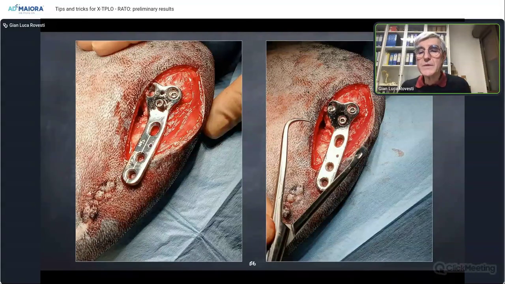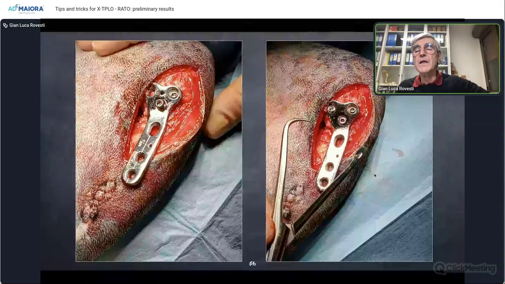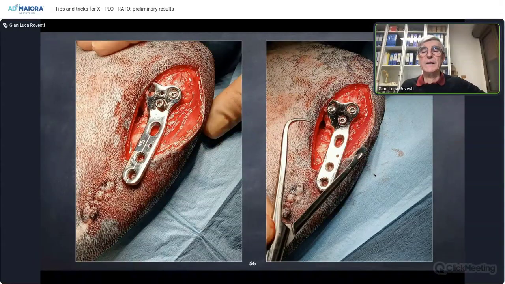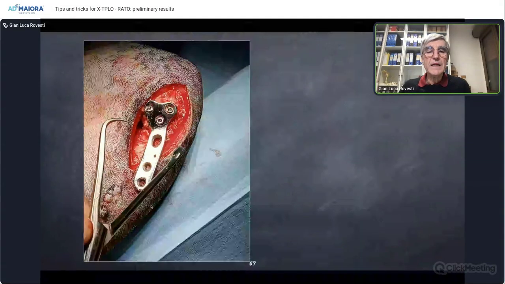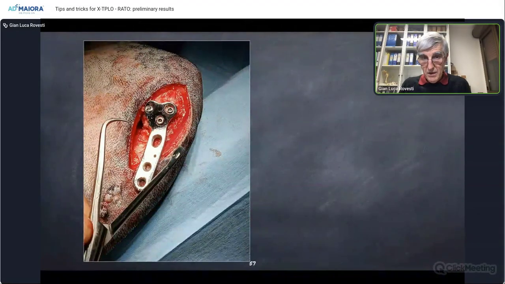Using this reduction forceps, sometimes it's enough to rotate it by hand, okay? We have also a handle that can be screwed into the plate, but very often we can rotate it by hand. We can bring the plate in its final position aligned to the long axis of the tibia.